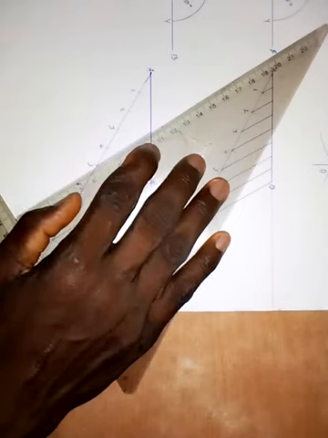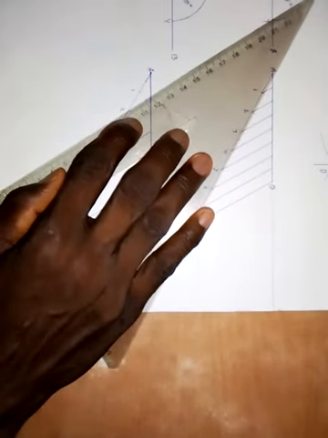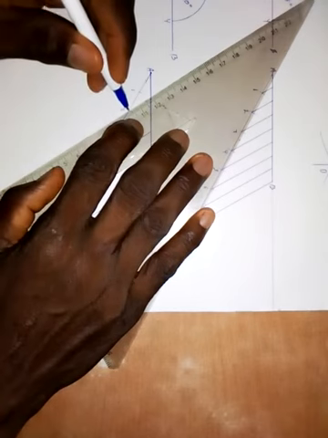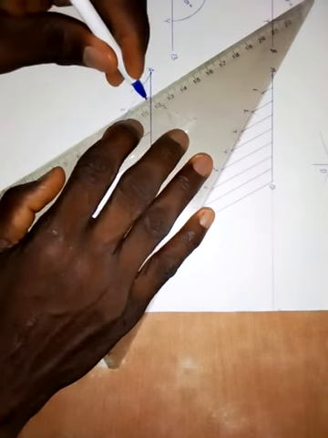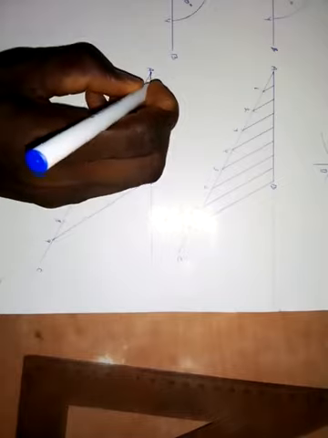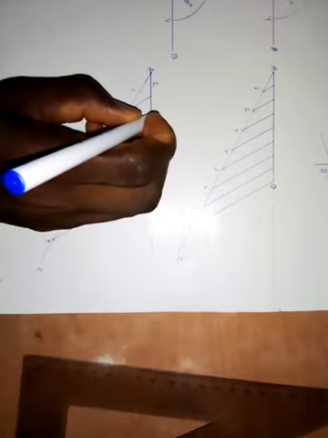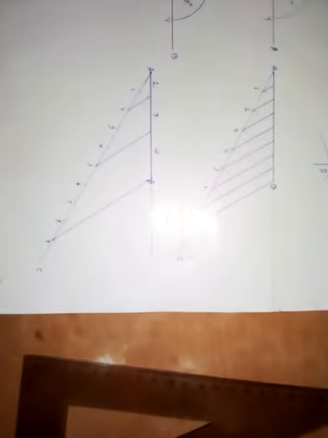Next, I will move it to 2, counting 3. So this line has been divided into a given proportion. This is 2, this is 3, and this is 4. So this is the division of a line into a given proportion.